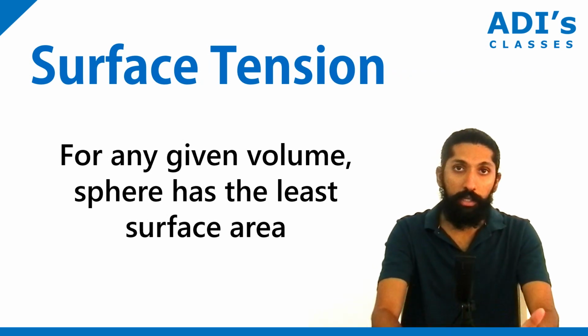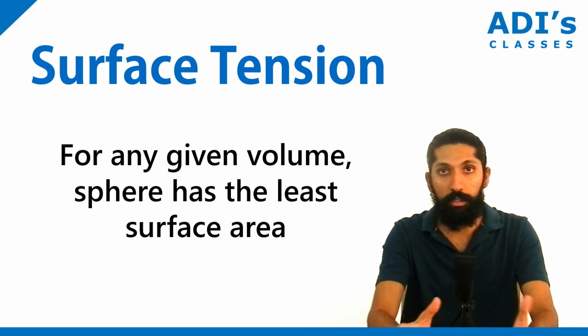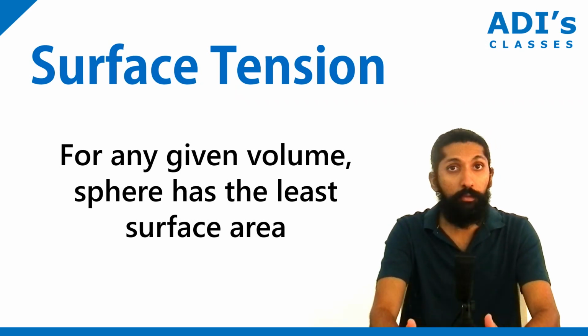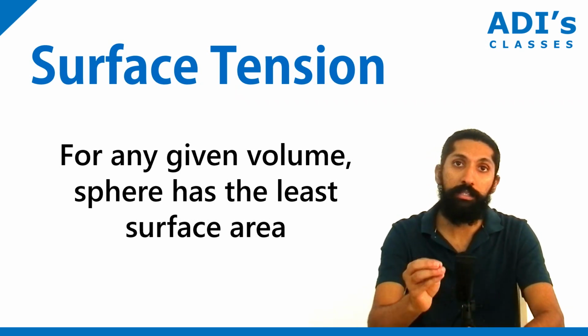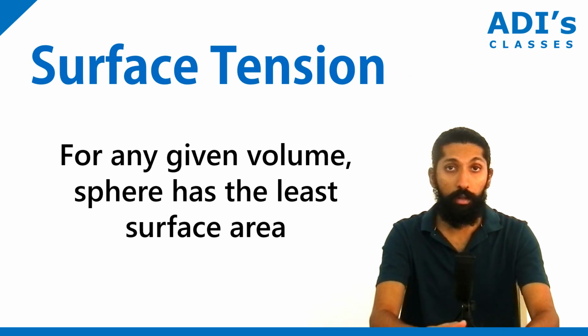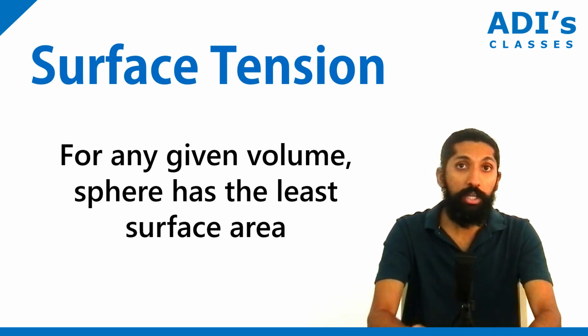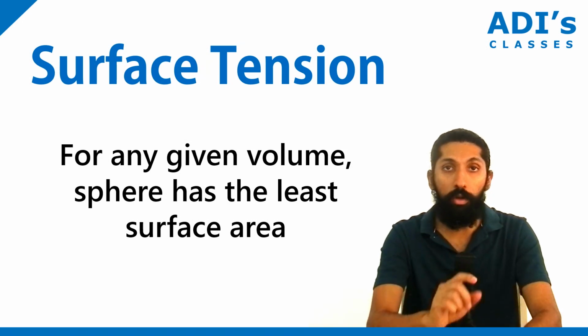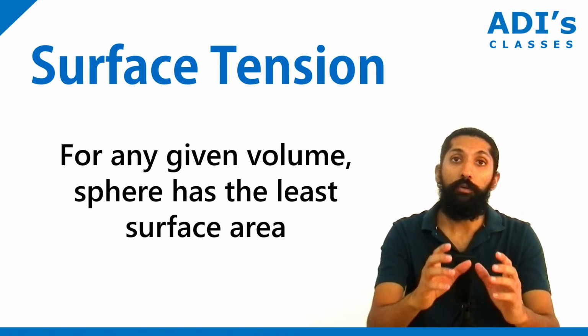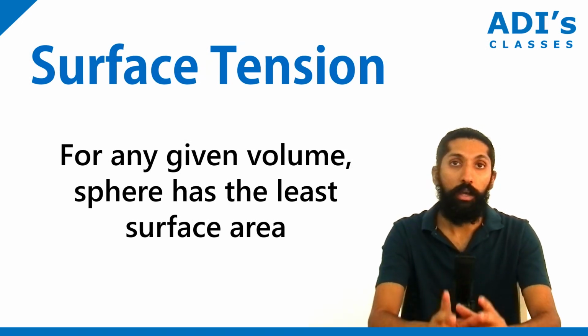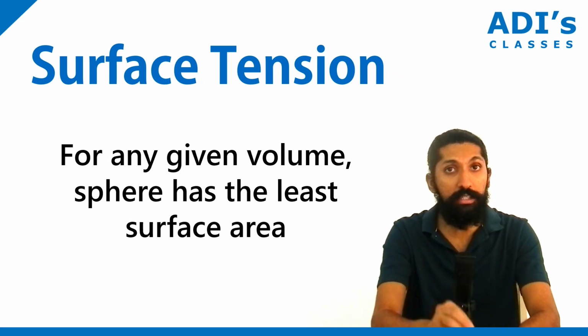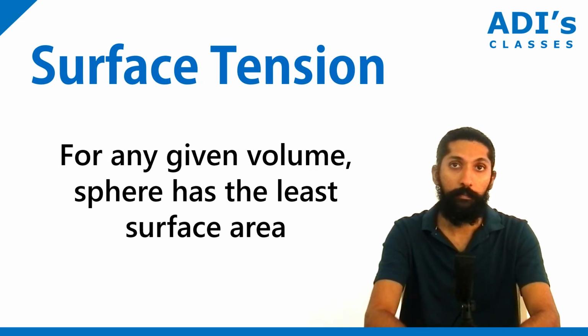So any body which has some particular volume, because every body whatever you see has a volume, correct? Now liquids in particular don't have a particular shape, but they have a particular volume, isn't it? So for a given volume, a sphere has the least surface area.